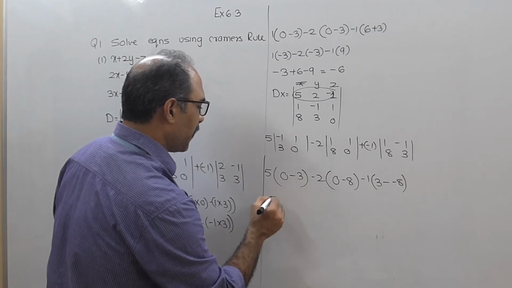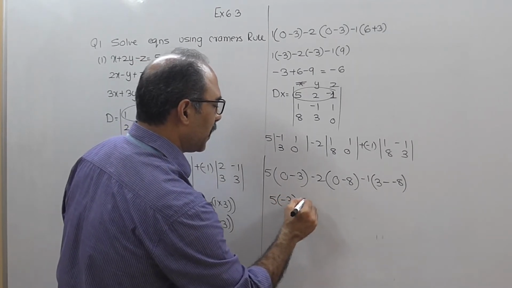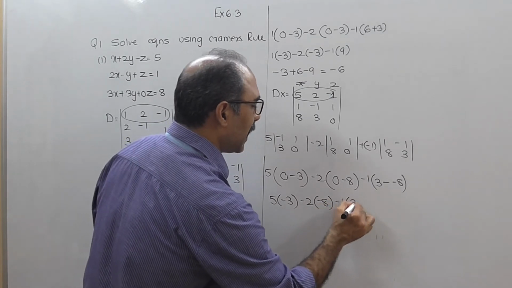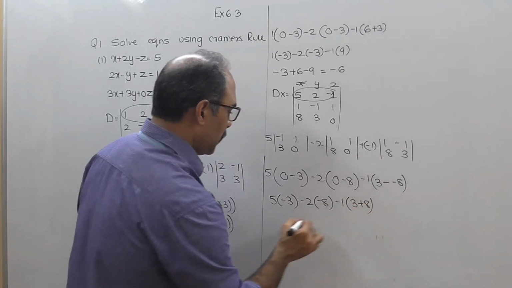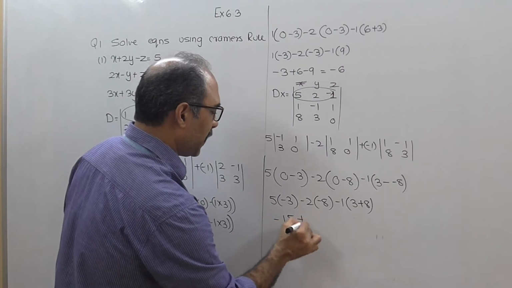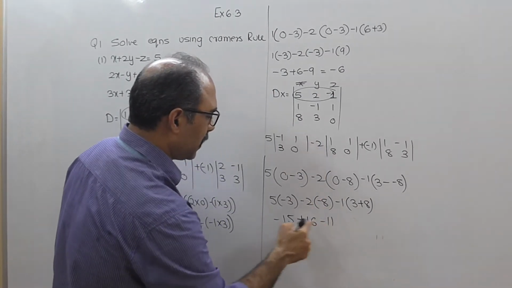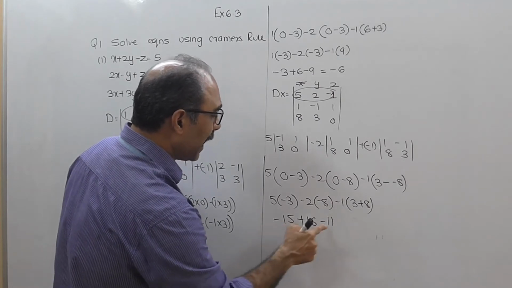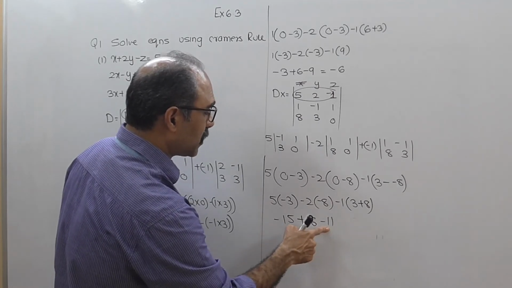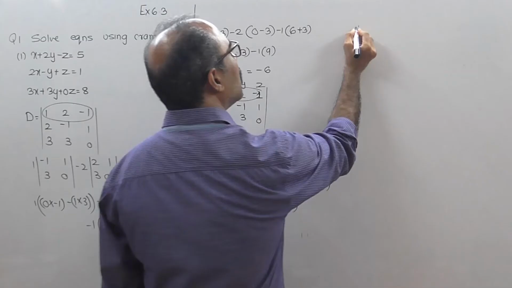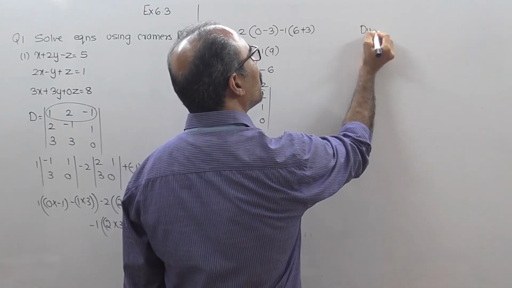So this becomes 5 multiplied by minus 3, minus 2 multiplied by minus 8, minus 1, and I think this is 3 plus 8. So I get this as minus 15, this is plus 16, and I hope this is minus 11. So we get minus 15 minus 11, which is minus 26, minus 26 plus 16, the answer is minus 10.